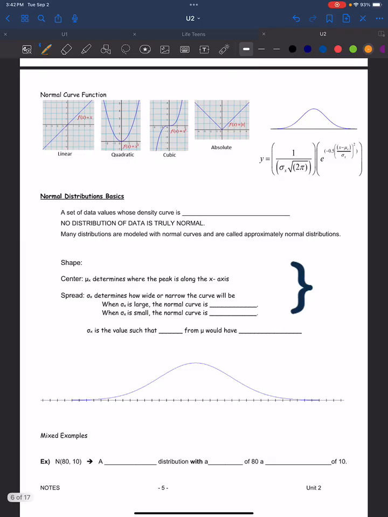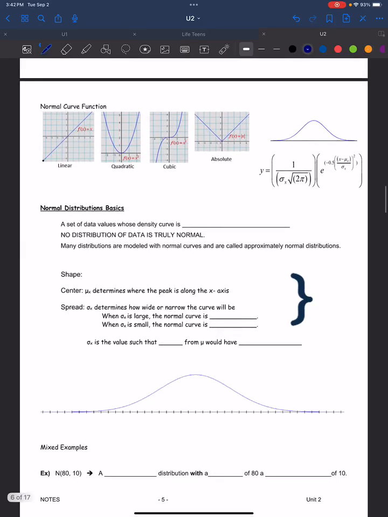A normal curve function. Just like if you had linear data, you could say, all right, what makes that line is y equals mx plus b. Or if you were focused on a quadratic function, y equals x squared, or any of these others, a normal curve actually has a function too. This is it.